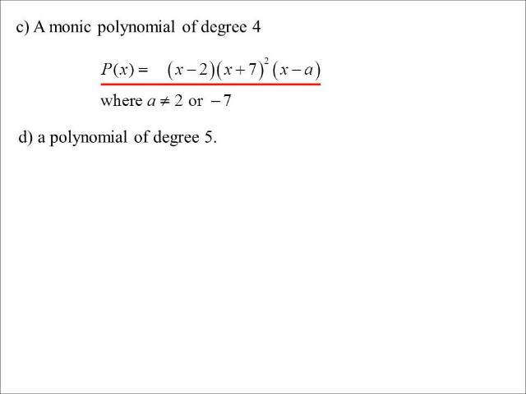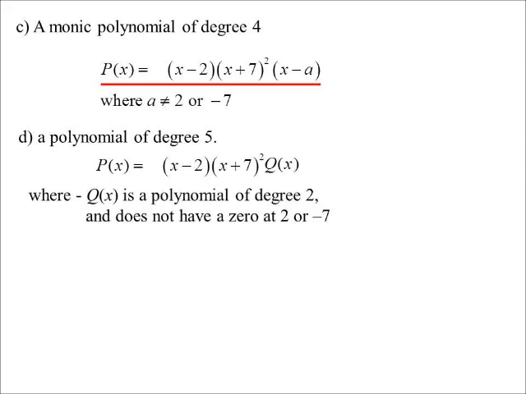A polynomial of degree 5, well, then there's my two factors. It must be multiplied by a quadratic. Now, don't make the mistake of multiplying it by something like this. X minus a, x minus b. Yes, that's quadratic, but if you write it down like that, you're assuming that that quadratic could be factorised. It might not be.